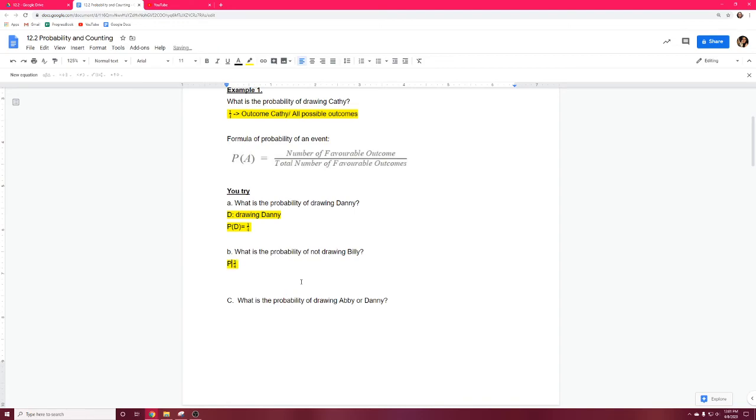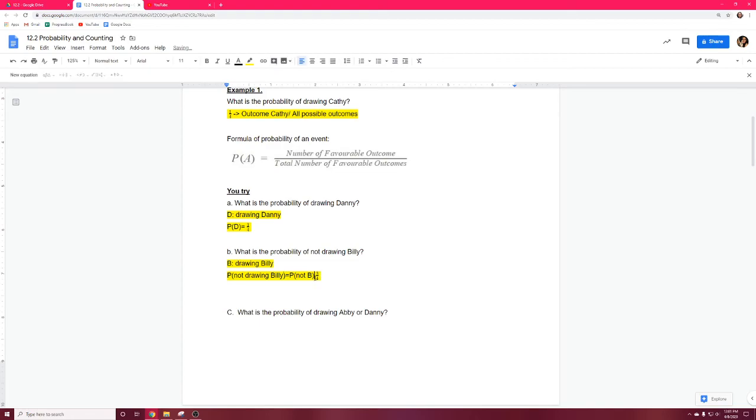Let's do the probability of not joining Billy. Since we use B, we can use B to represent joining Billy. So B is join Billy. P of not B equals 3/4.